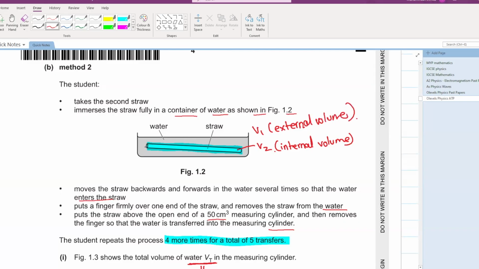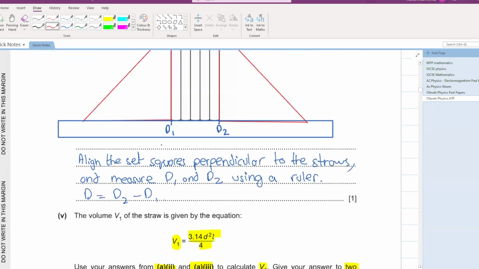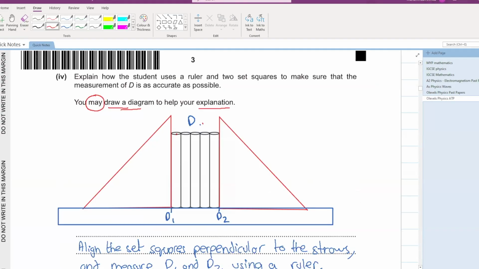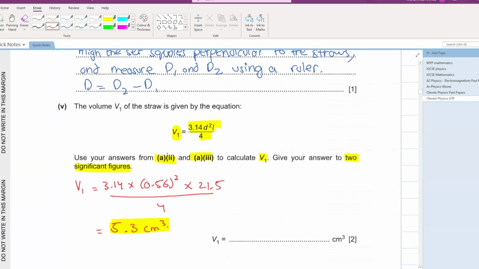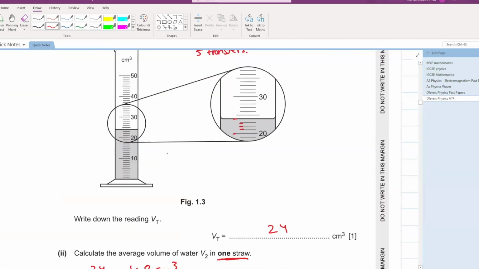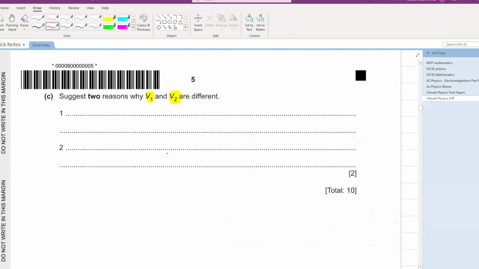Because the straw has this material which it is made up of. Do you see this small thickness of the straw? This is a material that the straw is made up of. Hence the internal and external diameters will not be the same. They will be different. Hence the difference between V1 and V2. So you can say V1 is the external volume.